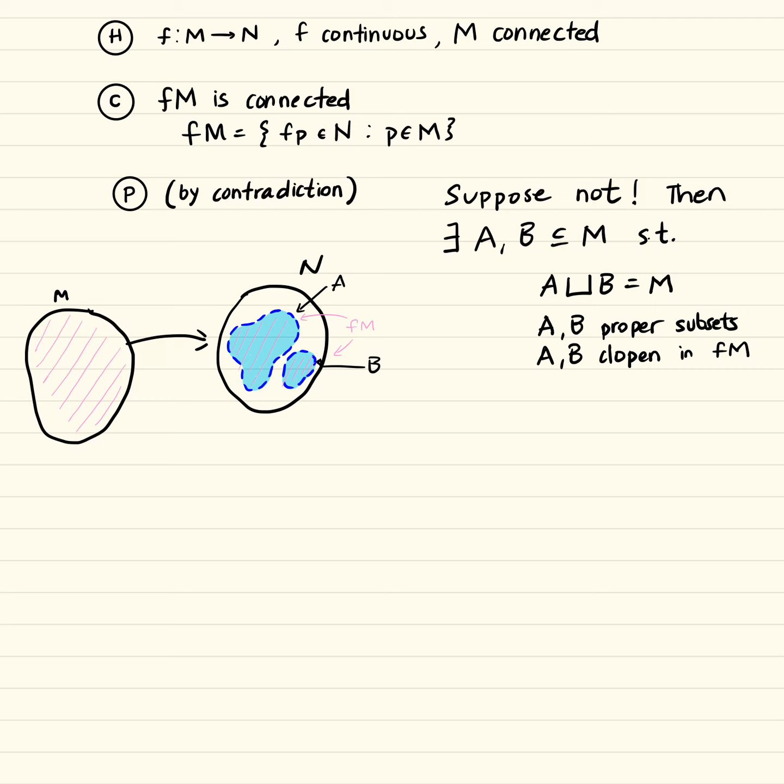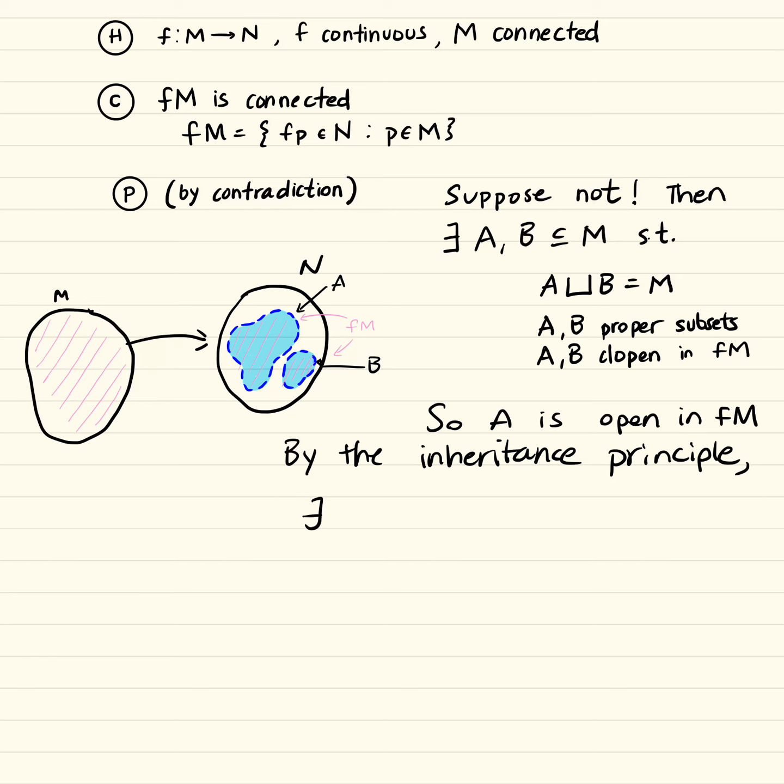Okay, so what does it mean to be clopen? That means, first of all, A is open in f of m. By the inheritance principle, that means there is an open set in N. There exists U, open in N, such that A is really U intersect f of m.